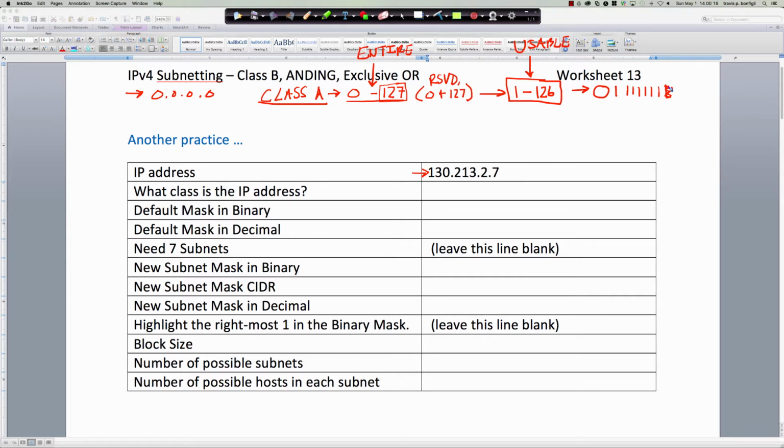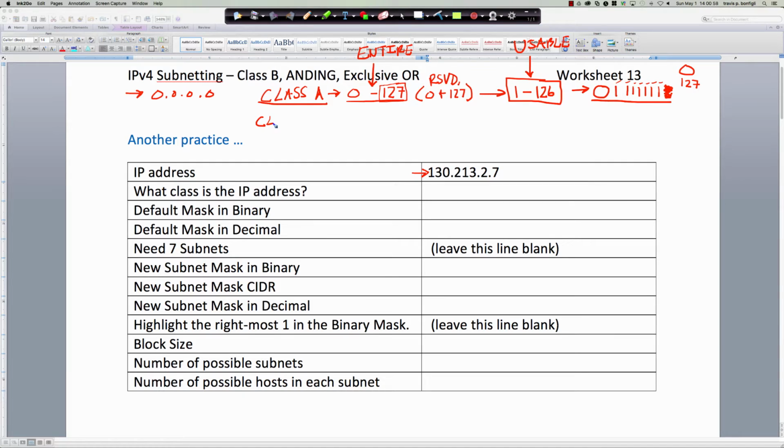So there is our maximum value, where if you added 64 to 32 to 16 to 8 to 4 to 2 and to 1, we would get 127. And then of course the lowest value would just be all zeros, so that would be simply 0. And so that's our range. So the first bit is always going to be this 0 bit, and then the other bits would change, and that would represent a Class A address.